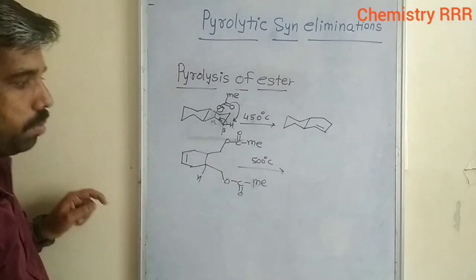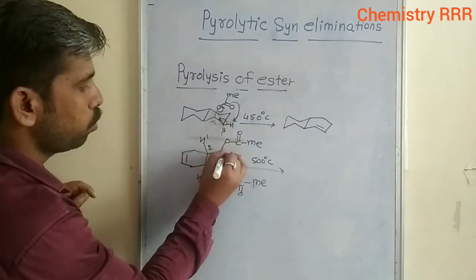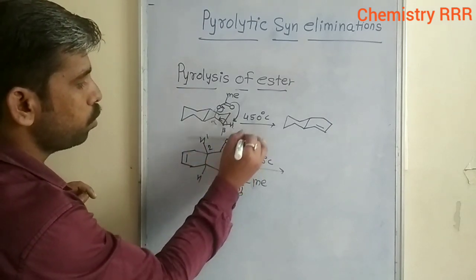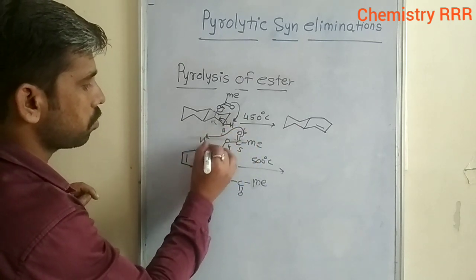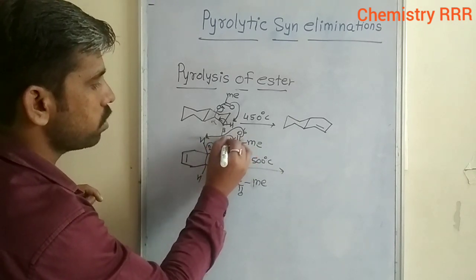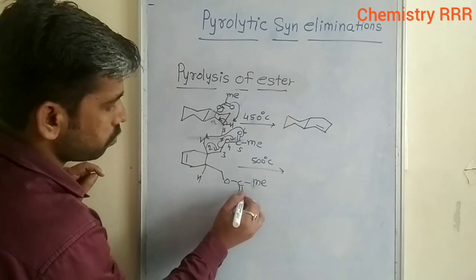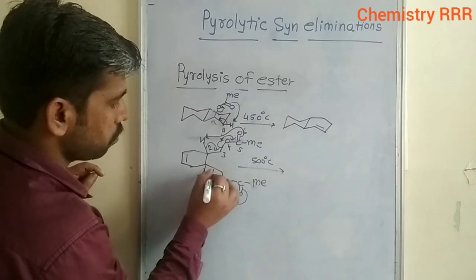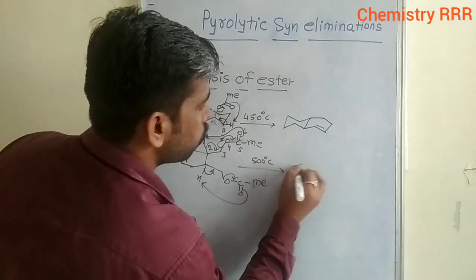It is a beta hydrogen. For this also, beta hydrogen, that is 1, 2, 3, 4, 5 and 6, like this the group is eliminated and we get the product. Similarly, elimination also takes place like this, and we get the final product.